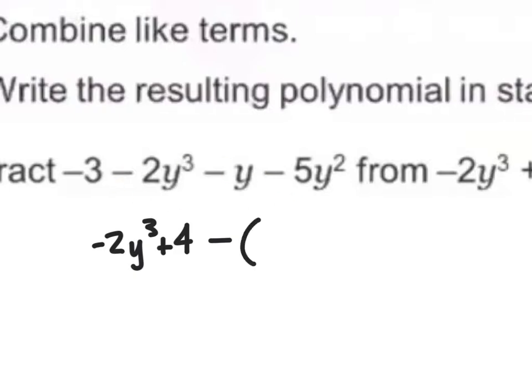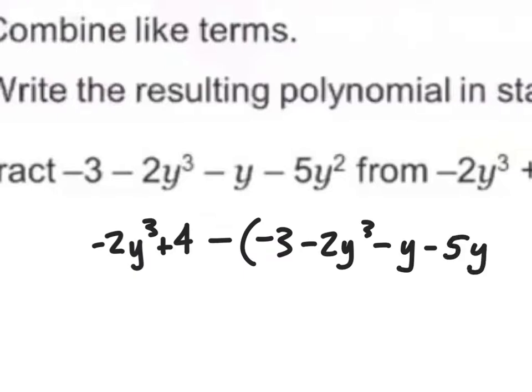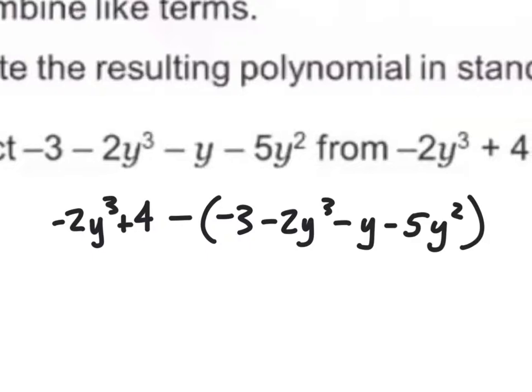We're going to subtract -3 minus 2y cubed minus y minus 5y squared. So I have this part, and I'm subtracting this quantity.